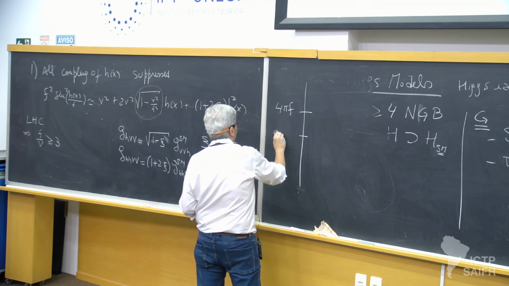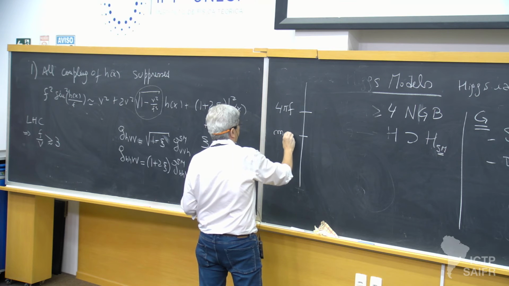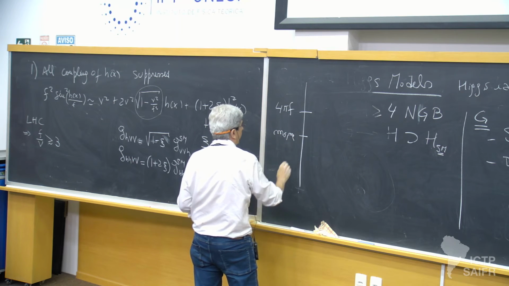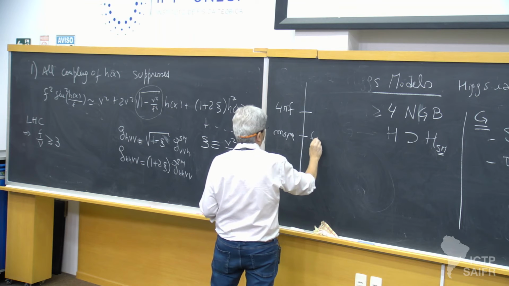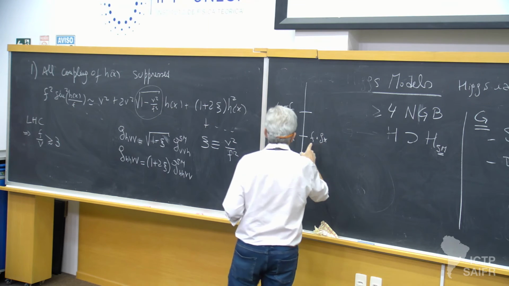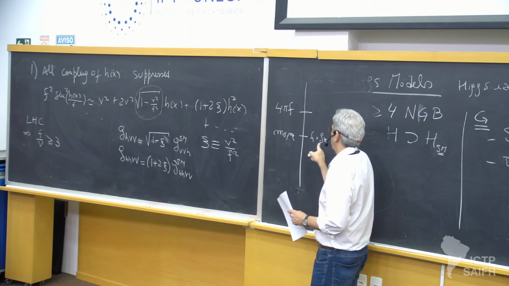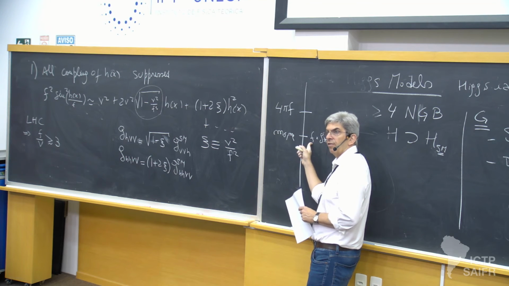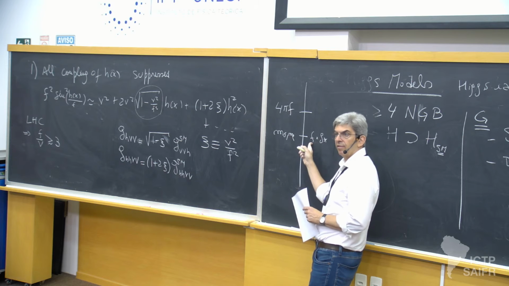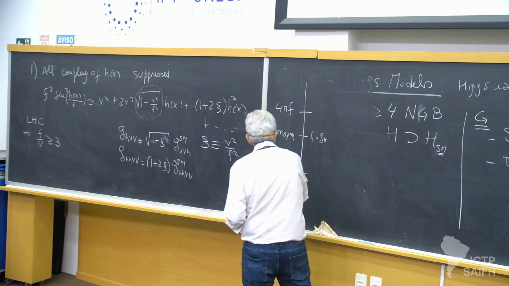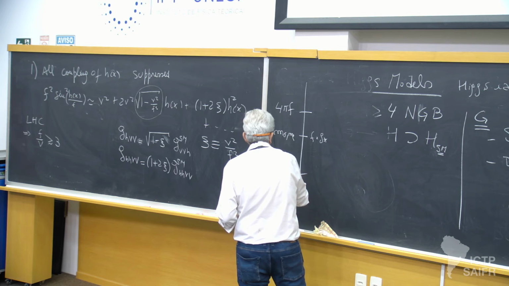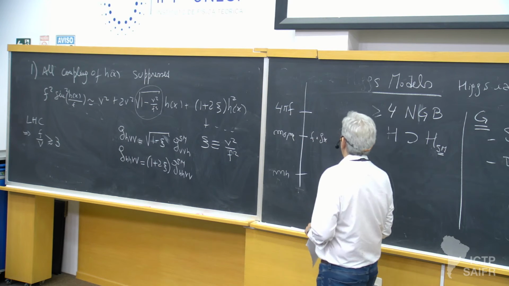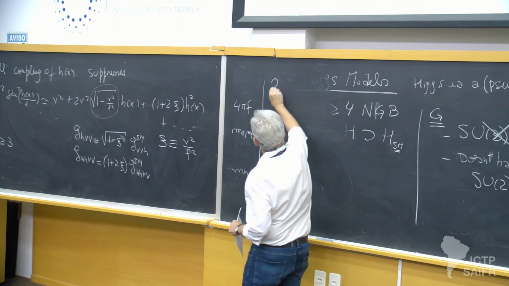Here are the resonances, the rho or whatever, which are around f times g star. So the LHC could actually try to find these resonances. There are vector resonances, fermion resonances, all kinds of resonances. And here, of course, is the weak scale with the Higgs as a Nambu-Goldstone boson. But then what happens here, I don't know.